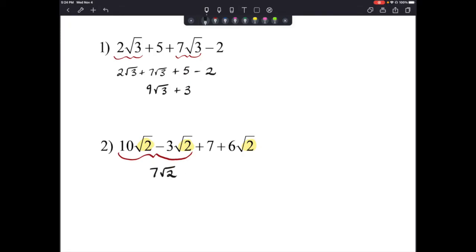Then I'll switch my order: plus 6 radical 2 plus 7. Now when I combine them, 7 radical 2's plus 6 radical 2's is 13 radical 2 plus 7. We can't combine the 7 and the 13 radical 2. They're not like terms. So that is our answer.